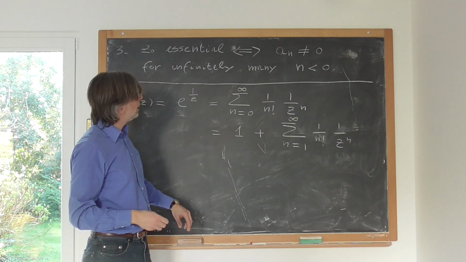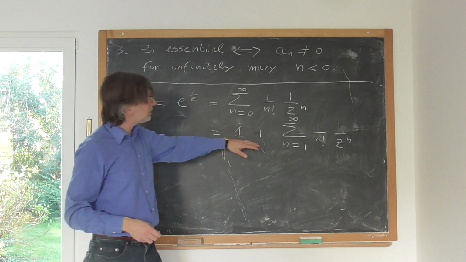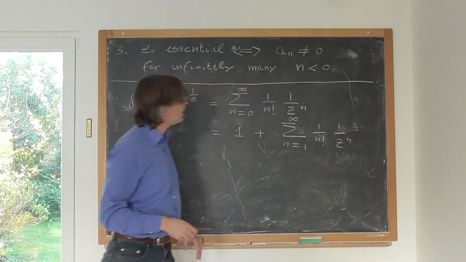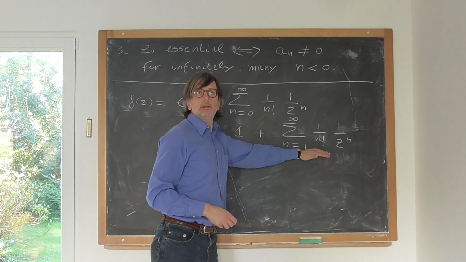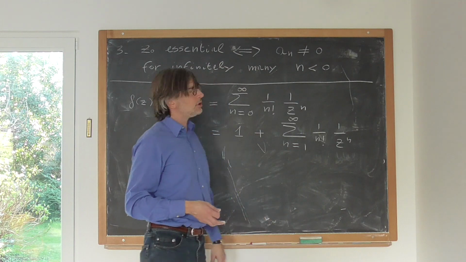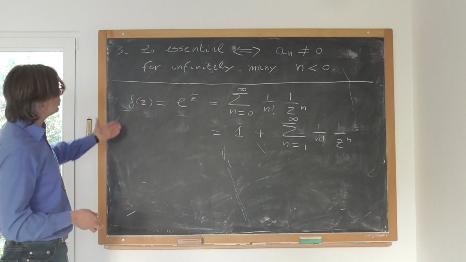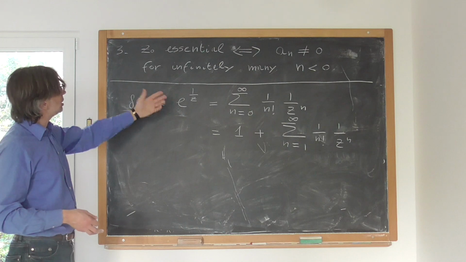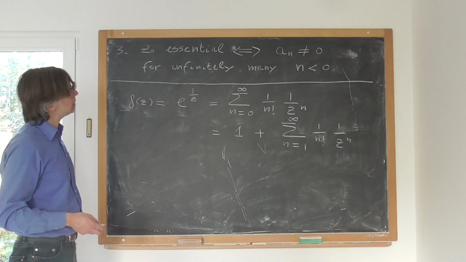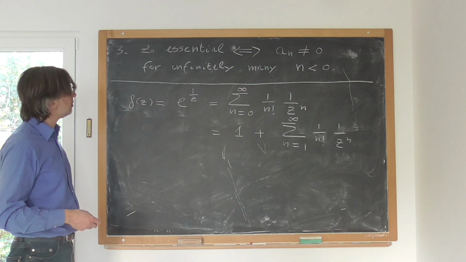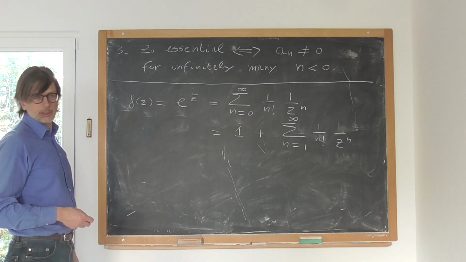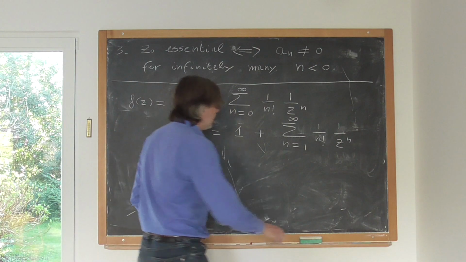This is just a constant function, the regular part. And the principal part, this one here, is now an infinite series. In this case, all its coefficients are non-zero. So again, we see that 0 is an essential singularity for the function e to the power 1 over z. Very good.